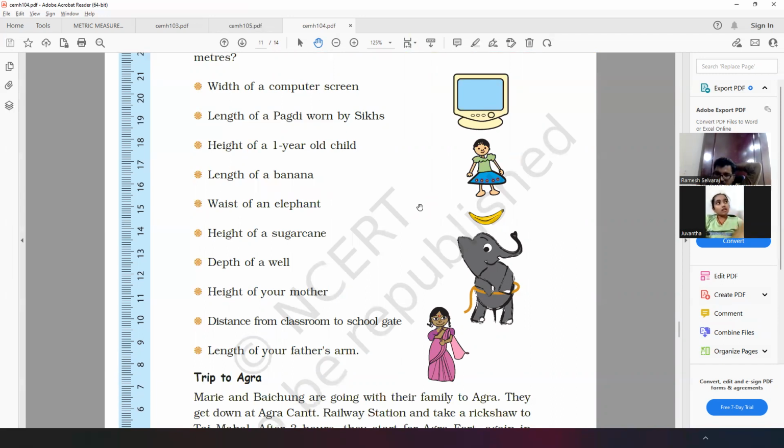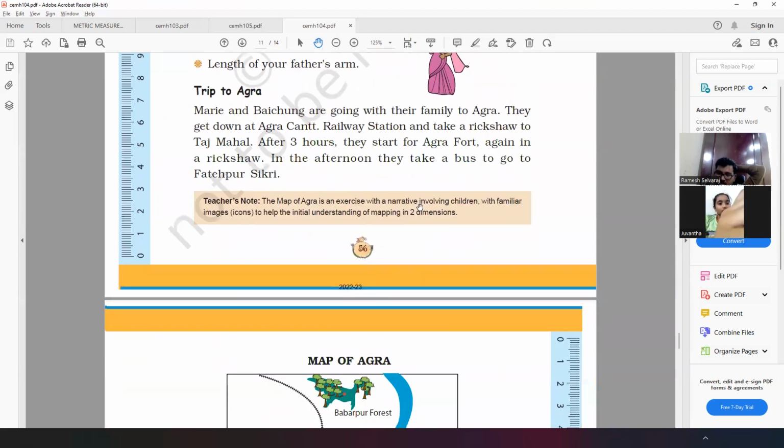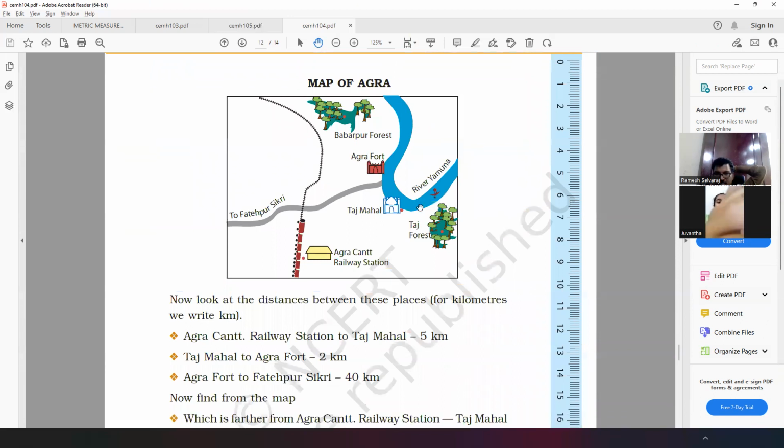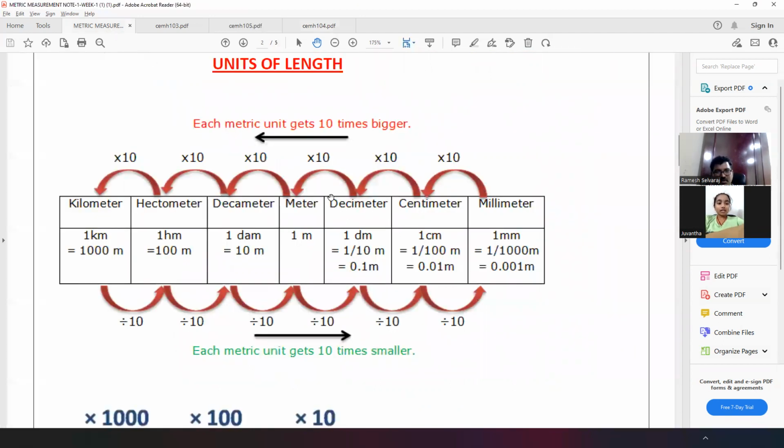Kilometer is 1,000 times. Millimeter is the smallest one. Let us see now here. You see millimeter, this is the smallest one. Kilometer is the largest one.